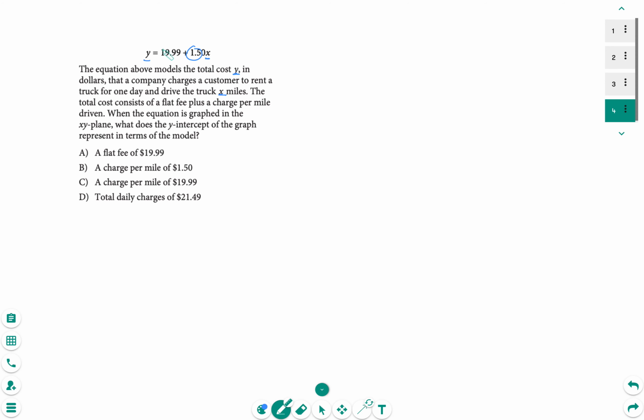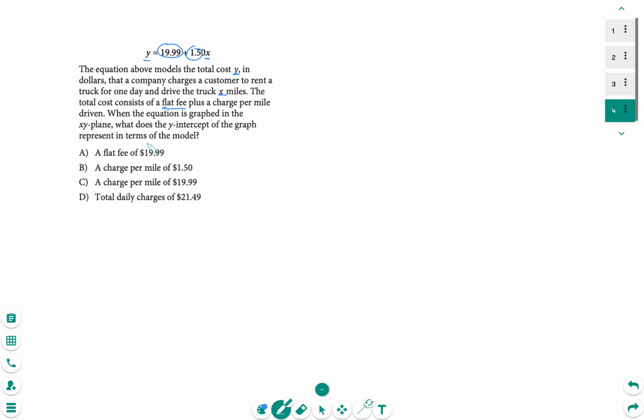In this case, 19.99 would represent the starting cost, or the fixed cost for renting the truck. It says the total cost consists of a flat fee, which, as we just said, is the 19.99, plus a charge per mile driven, which is the 1.50.